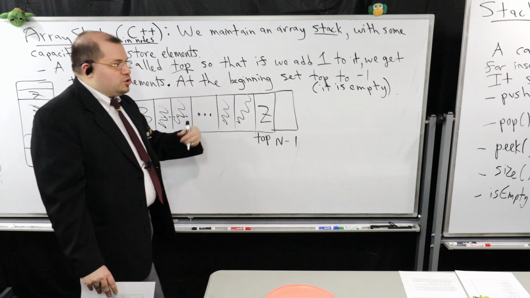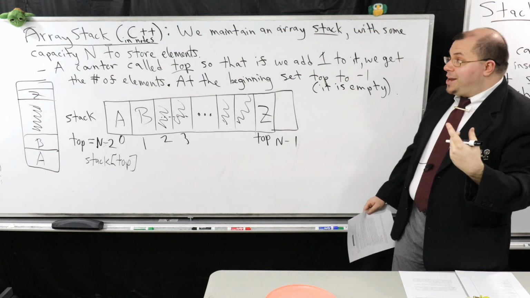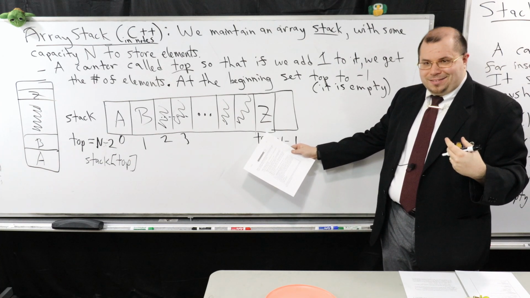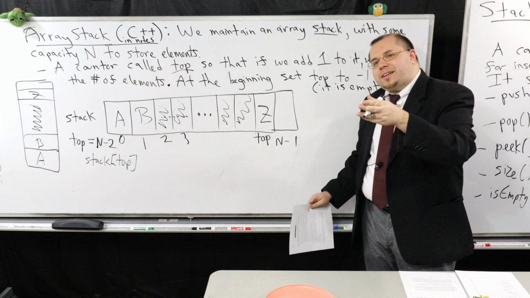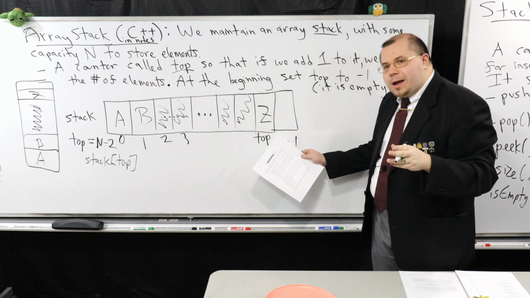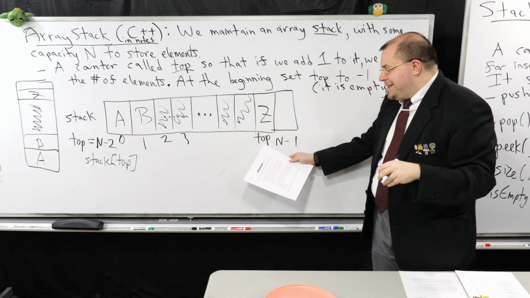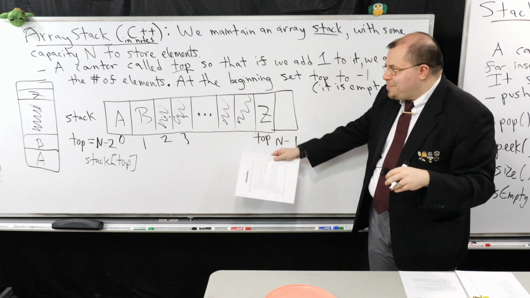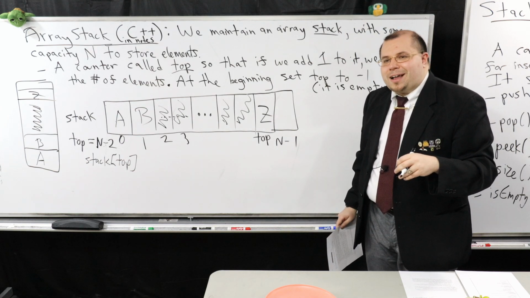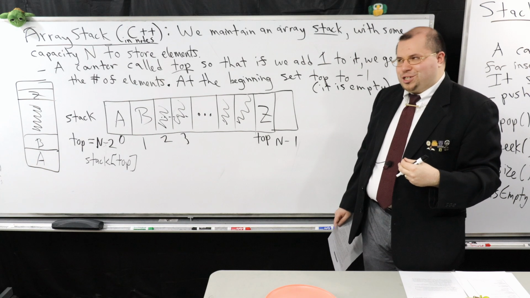So if ever I want to do a peek operation, or a pop operation, I know exactly where the top of the stack is. Every time I'm doing this, I know exactly where the top of the stack is in the array. Does everybody see that? It's always going to be at top. Remember, top is just a number that keeps track of the position in the stack as I push.